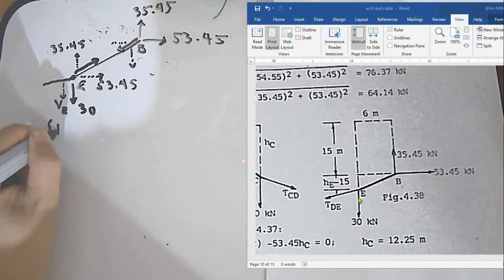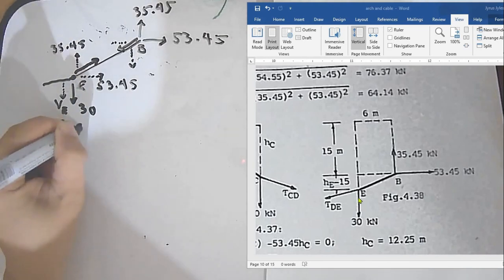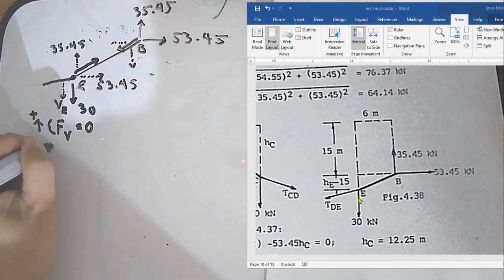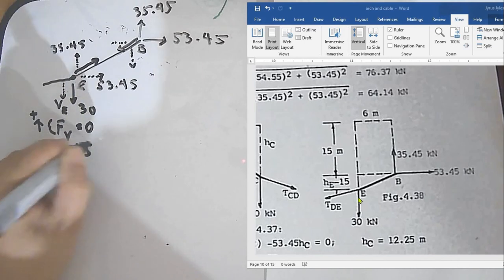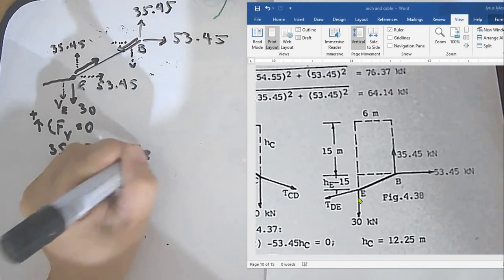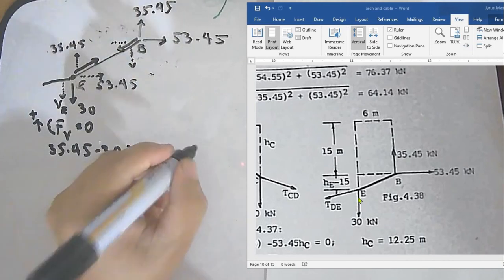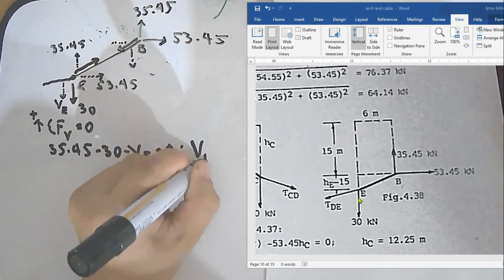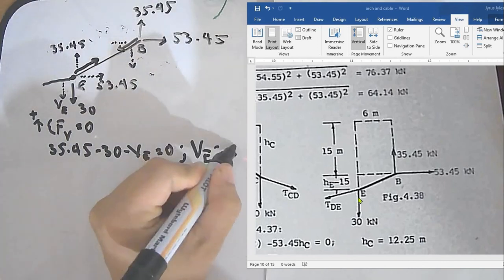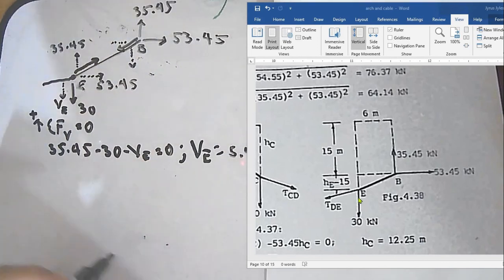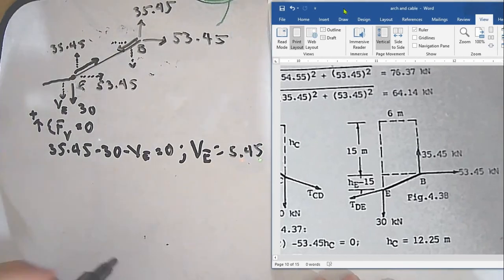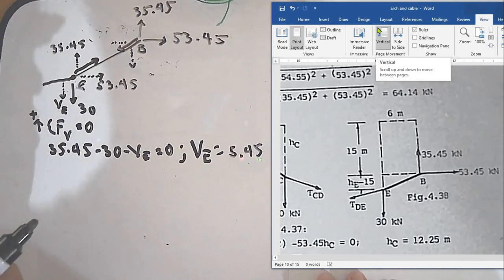So, summation forces vertical at point E is equal to 0, taking upwards as positive. So, 35.45 minus 30 minus VE is equal to 0. So, from here, your VE is simply equal to 5.45 kilonewtons. Okay? And that is downwards.